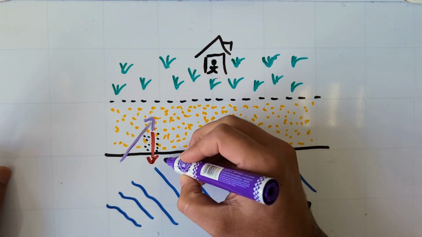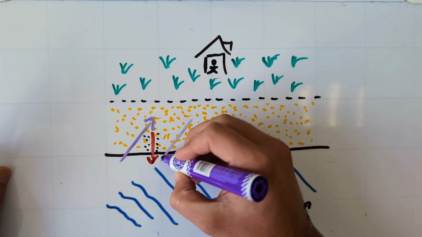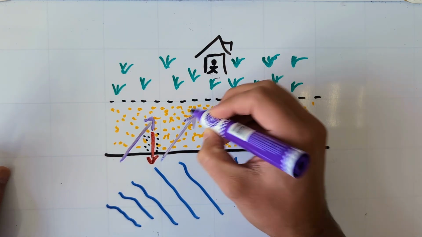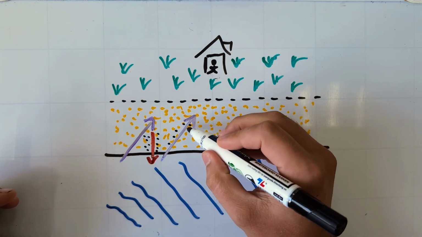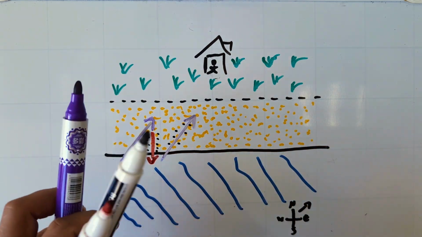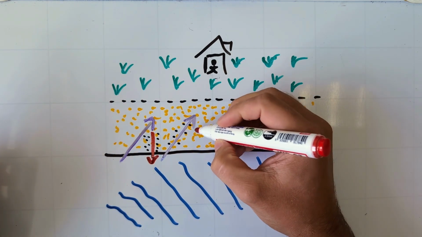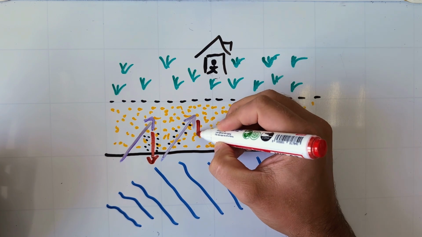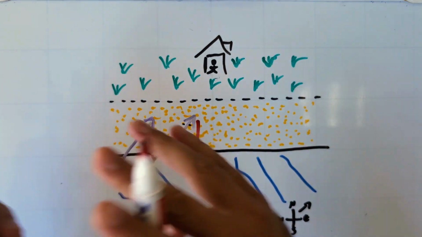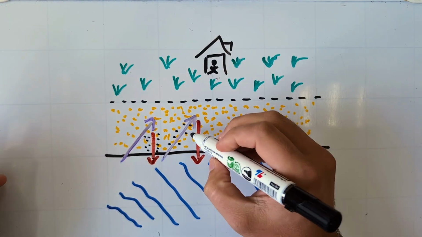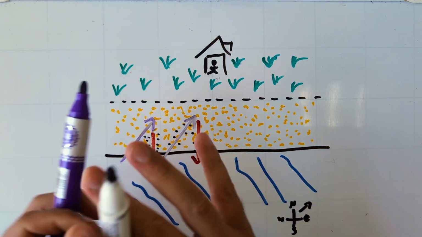The swash from the wave hits the beach at an angle, and in doing so, it washes that sediment up the beach. And then again, at a right angle or perpendicular, the backwash takes effect, and drags it down the beach.